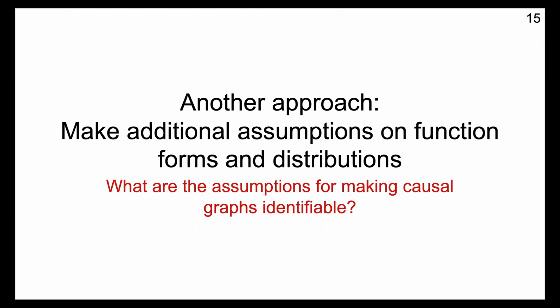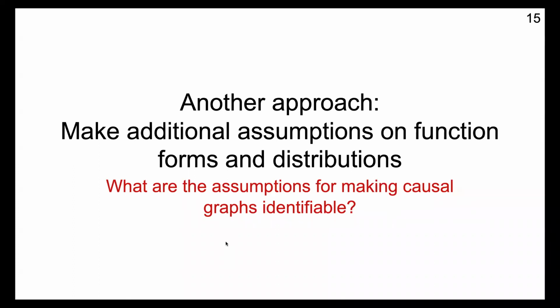So now let me introduce another approach other than the non-parametric approach. This approach makes additional assumptions on the functional form or distribution. In this approach, we want to investigate what assumptions make causal graphs identifiable.